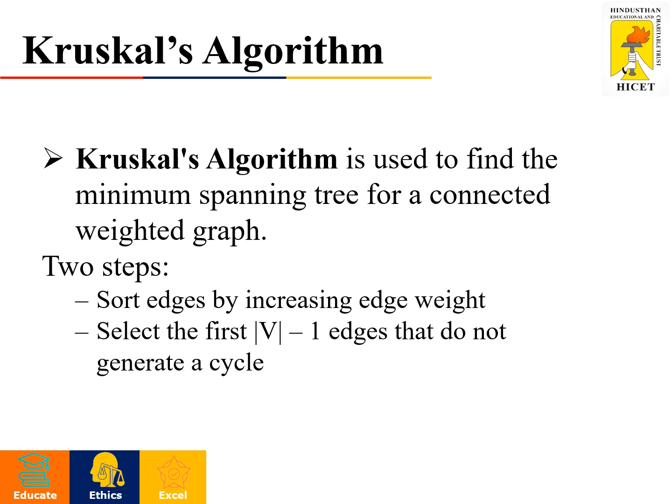Next, we are going to select n minus 1 edges, that is total number of vertices minus 1 edges, and also the minimum spanning tree is an acyclic graph. Acyclic graph, that is, do not generate a cycle.